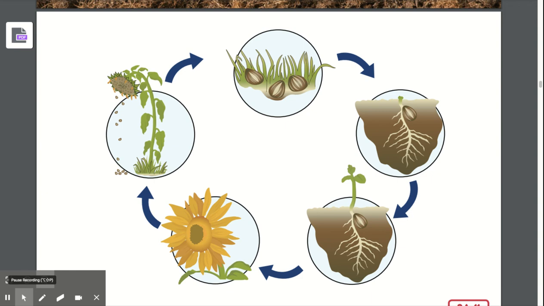So I want you, with your partner again, to compare, which means how are they similar? How are they different? Compare the life cycle of a plant to the life cycle of a human.